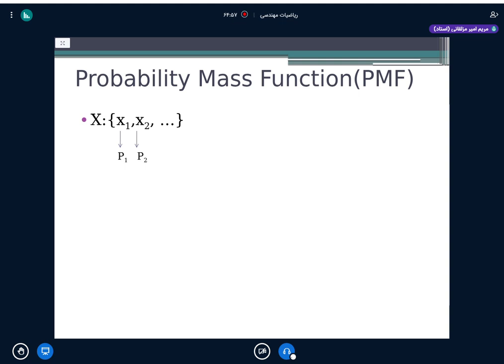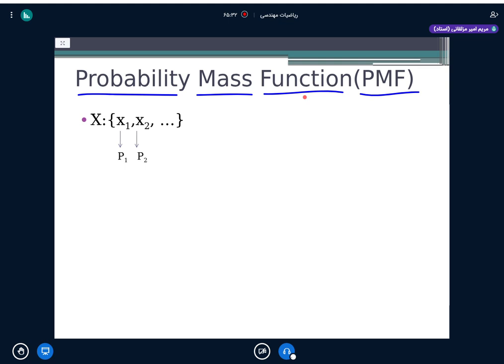If we have a discrete random variable, it's enough to know its PMF, probability mass function. So for a discrete random variable, knowing the PMF is enough to fully understand it.